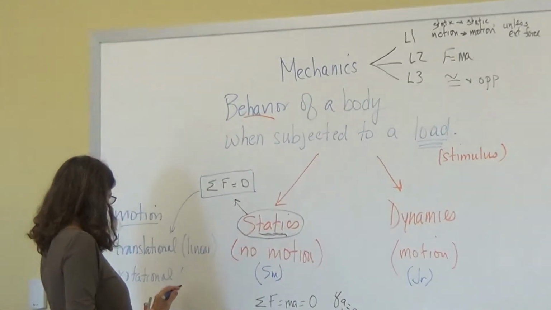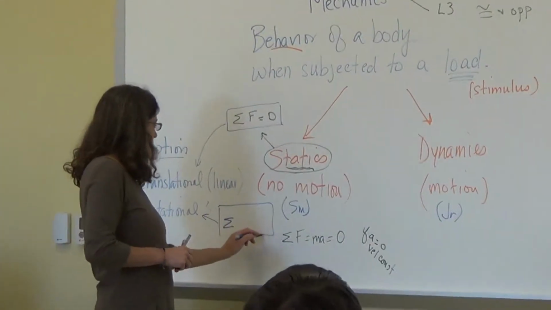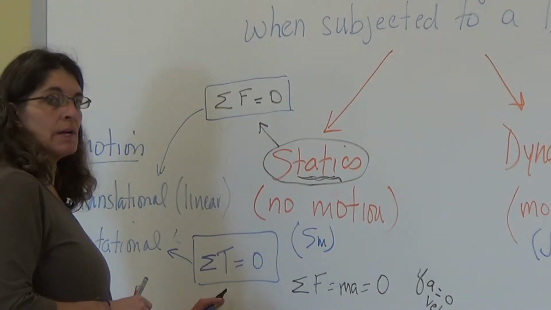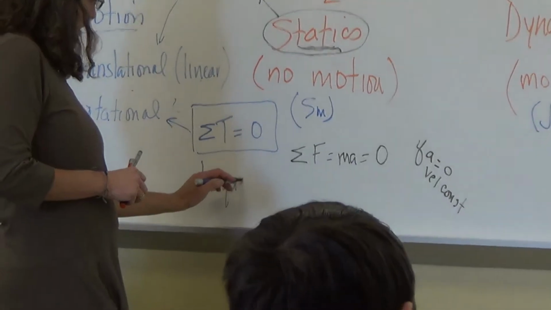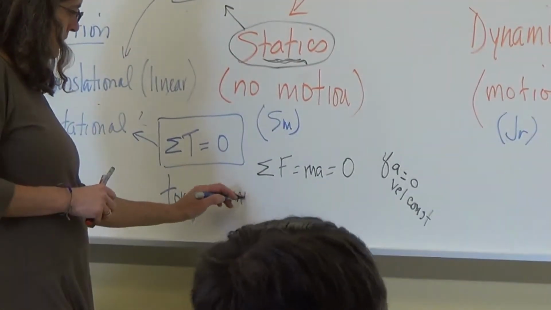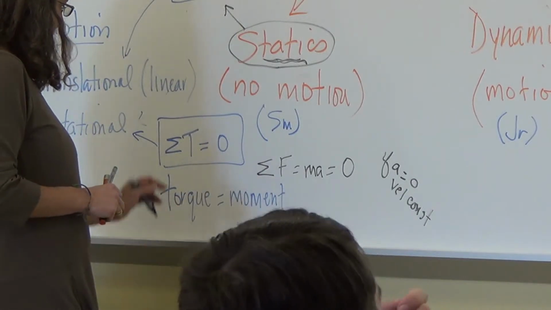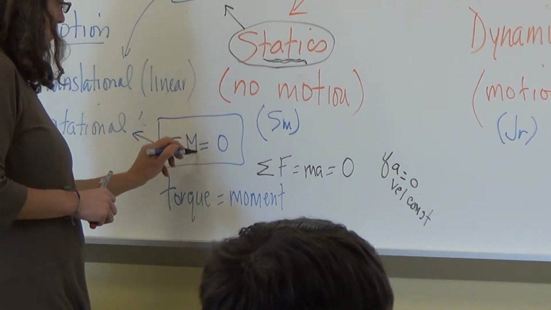The rotational part is, do you remember in physics, what did you call it? Torque. Sum of the torques equals 0. But in engineering, we don't use the word torque. We use the word moment instead. They're synonymous. So I'm going to say the sum of the moments equals 0.